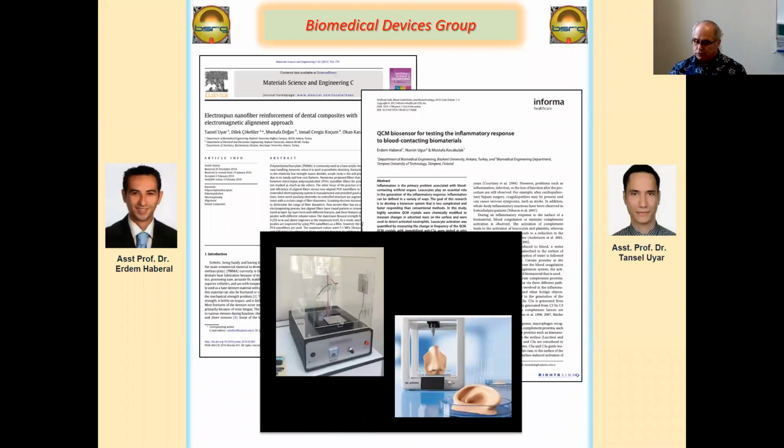Another group focused on biomedical devices, especially in that section, my friends and I are focused on some biomedical device improvements. Related with this subject, one example is the QCM, quartz crystal microbalance applications. Another one is related with electrospinning, and by using some devices, we can create our devices by ourselves.